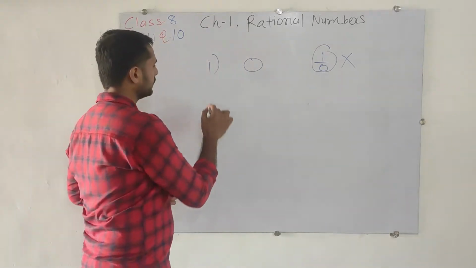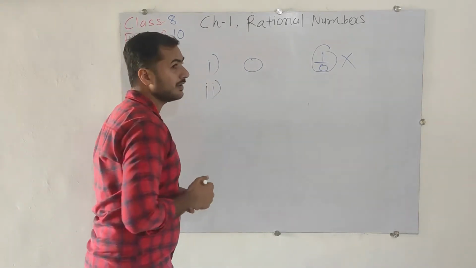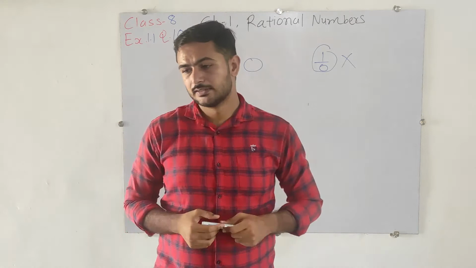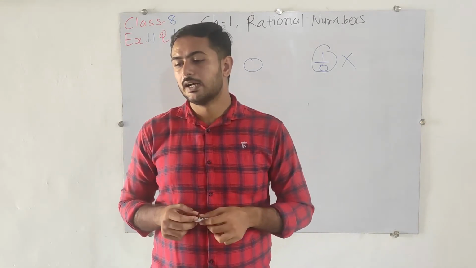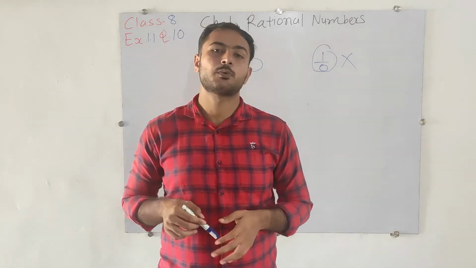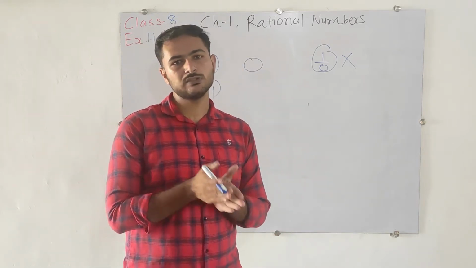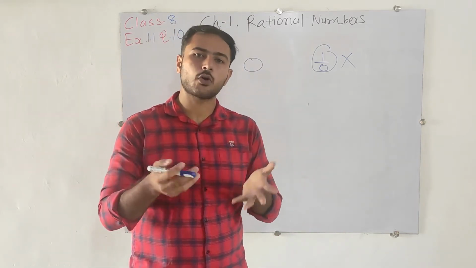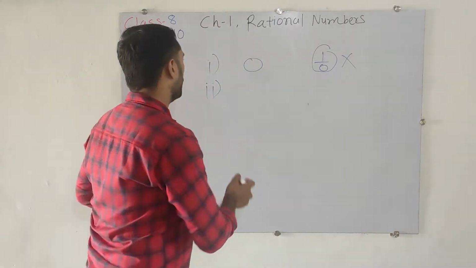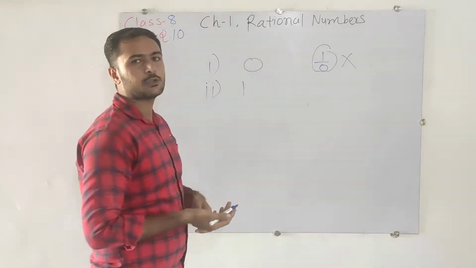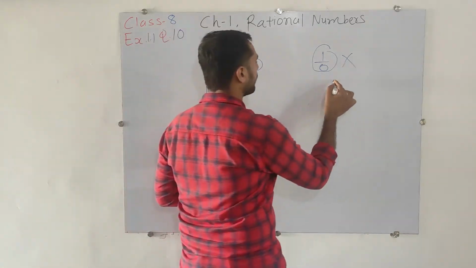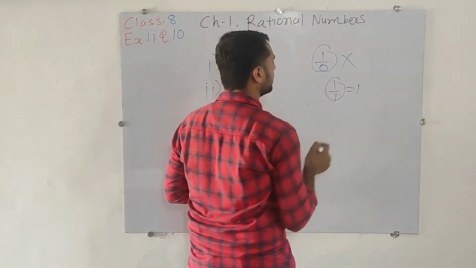Now let's do the second one. The statement given is the rational numbers that are equal to their reciprocal. We have to find the rational numbers whose reciprocal is equal to the number itself. So 1. Let's find the reciprocal of 1, that is 1 upon 1, so again that is 1. Done.